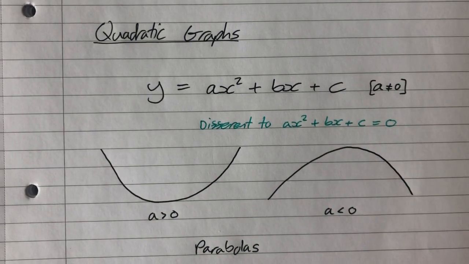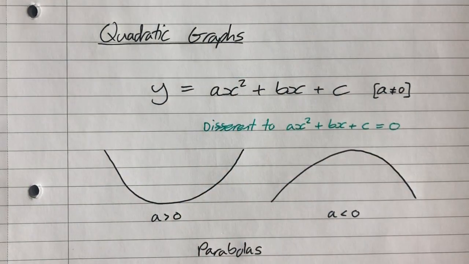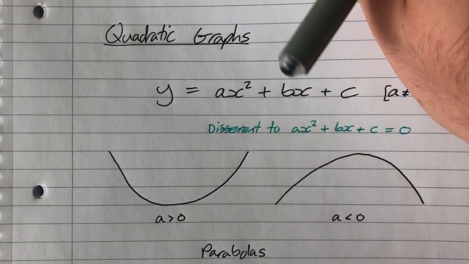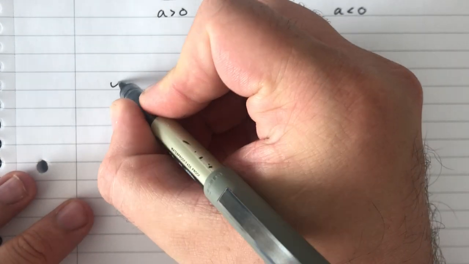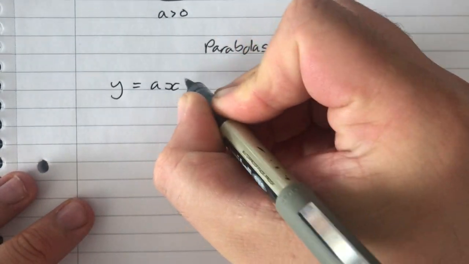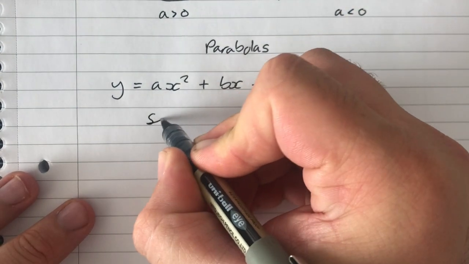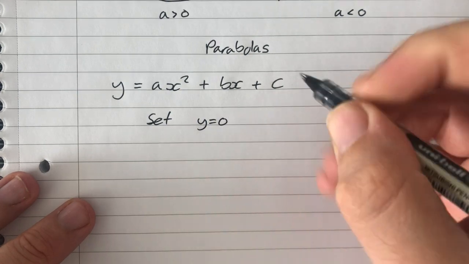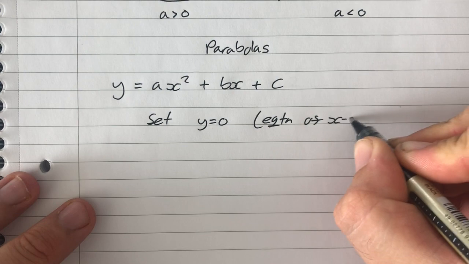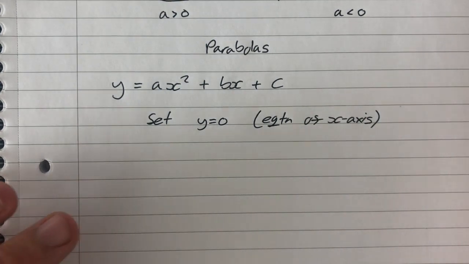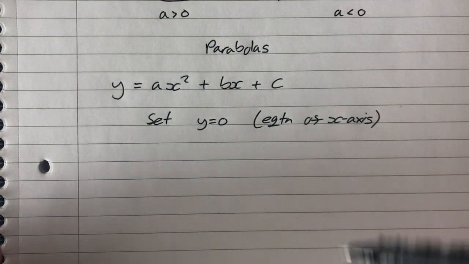Okay. So we're going to have a very quick look at some algebra behind this, and then we've got some examples of what we can do to have a go at sketching some of these quadratic graphs. So y equals ax squared plus bx plus c. Well, if I set y to be 0, which is the equation of the x-axis, then we'll be able to find exactly where my quadratic curve, my parabola, will intersect the x-axis.